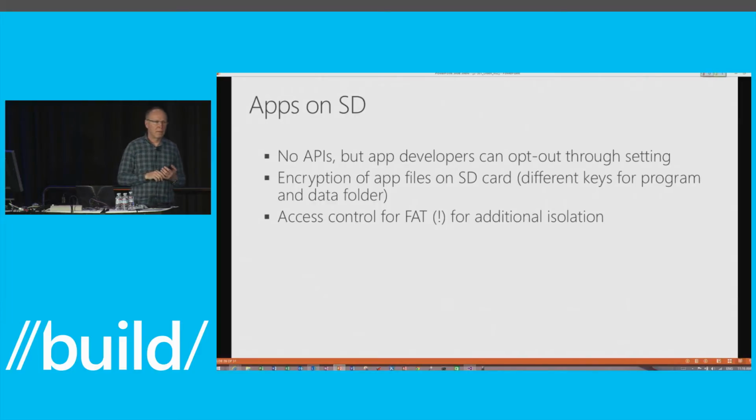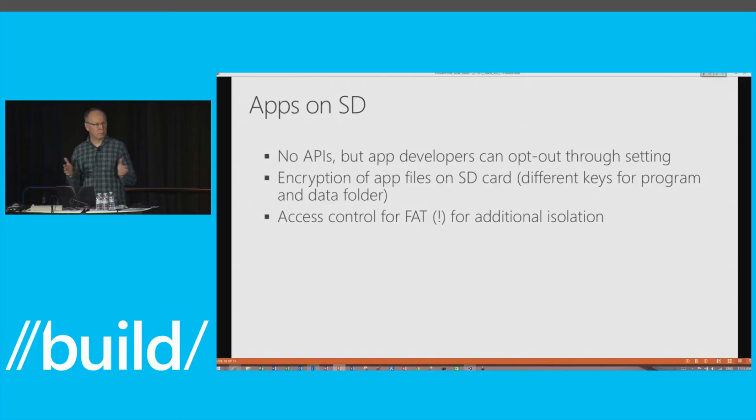We have encryption of all the app files that are on the SD card. The encryption is similar to the data protection encryption we do on the device itself, like BitLocker style.